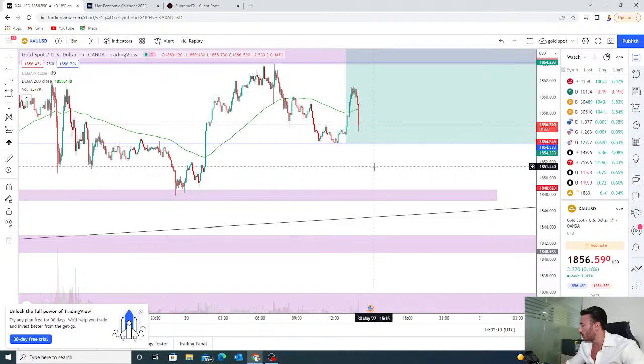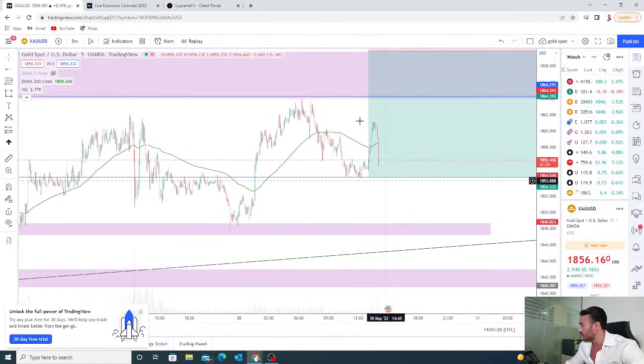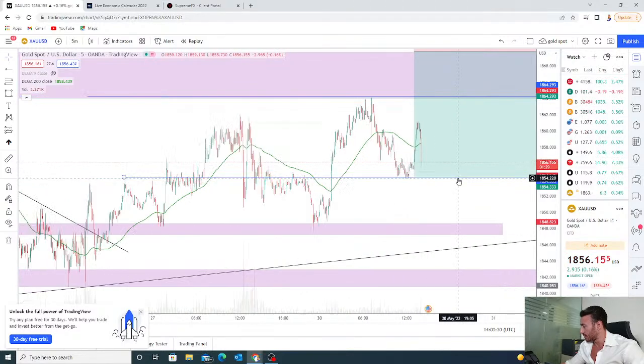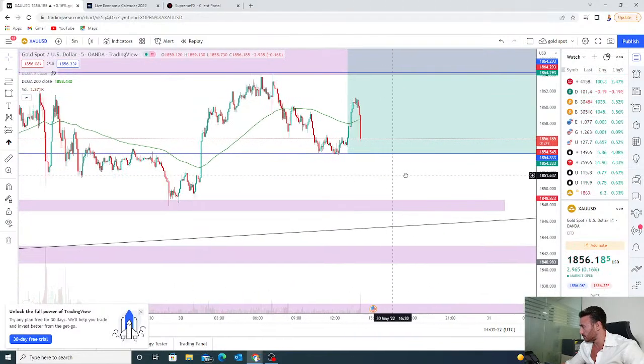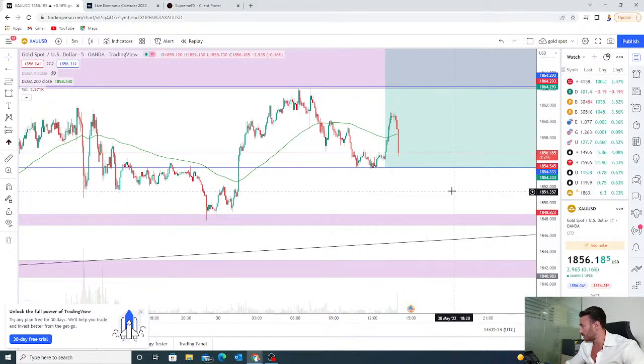A break below it could take us to 48. Shame, at least if it had gotten up to 65, we could have taken that trade. But it didn't. But let's see, I mean, the day is not over yet.